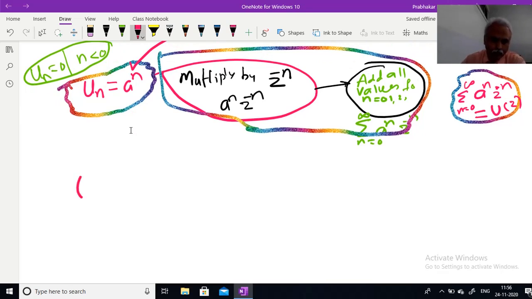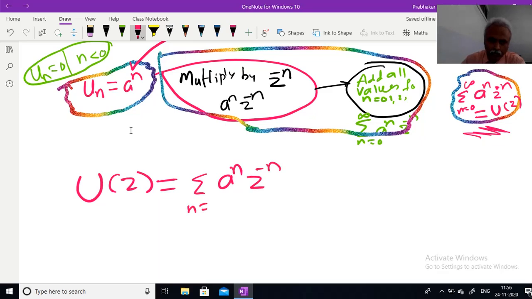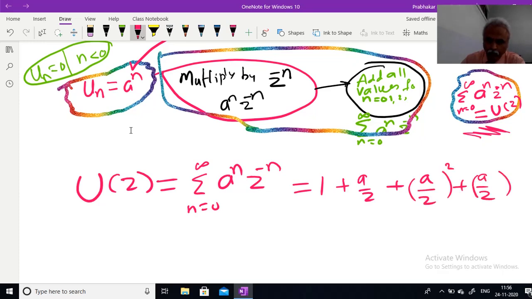After transformation, this u of z is looking like this: summation of a raised to n, z raised to minus n, n equal to 0 to infinity. Go on putting n equal to 0, n equal to 1, n equal to 2. So a square, z raised to minus 2 means z square, n equal to 3. Are you getting reminded of some geometric series?